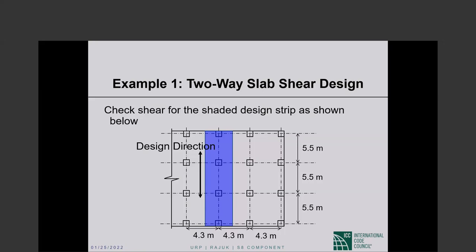Okay. So with that, the same slab system as yesterday. 5.5 meters in one direction for the spans, 4.3 meters in the orthogonal direction. We are designing the strip in blue centered on an interior column line.